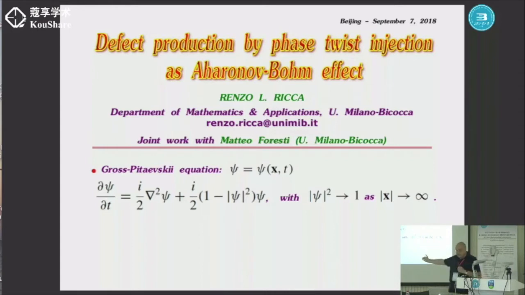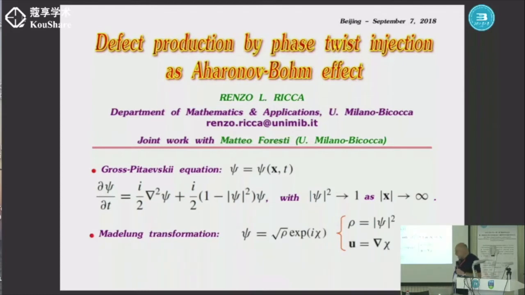We've been talking about this equation from several points of view in recent days during the school. So you have a wave function psi that is a function of position x and time t, and I'll rely also on the Madelung transform that we mentioned during the school, which maps this complex wave function into two quantities: rho, a density of a virtual fluid, and u, through the gradient of the phase, a virtual velocity.